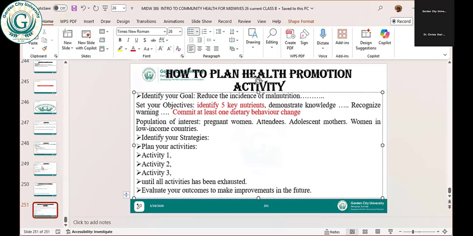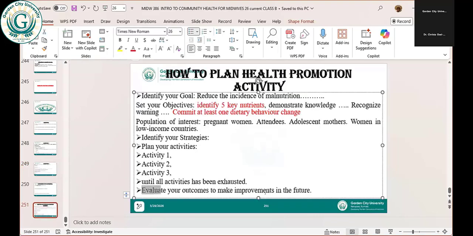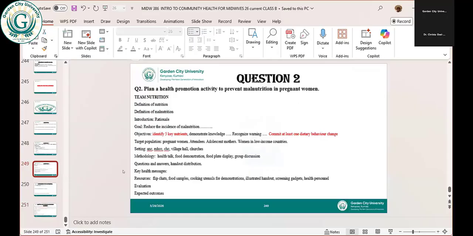Then you have your evaluation. So this one too you have there. Now, I don't know whether your strategies are what you are calling methodology. I have no idea. Then I don't know what you are calling key health messages, and I don't know where you are placing your resources.